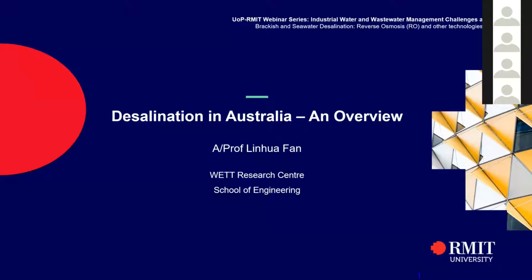I'm sure Professor Wang will cover more on the technical sides of desalination in her talk a little bit later, particularly on innovative membranes for desalination and water reuse. It looks like a good combination.